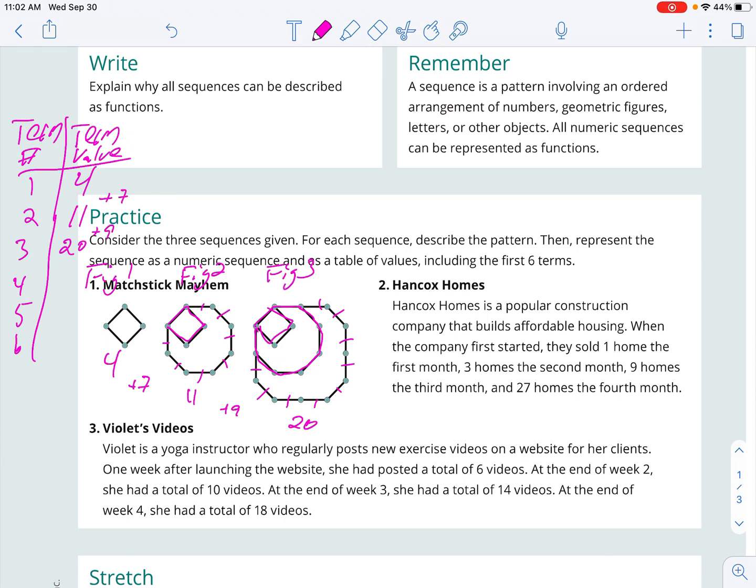So what do you think we're going to do to go from figure 3 to 4? Because I am sure not drawing that out. Increased by 7, increased by 9. So that looks like it's going by odds. So if I increase by 11, we'd be at figure 4, which would be 31. Increase by 13. 31 plus 13 is what? 44.